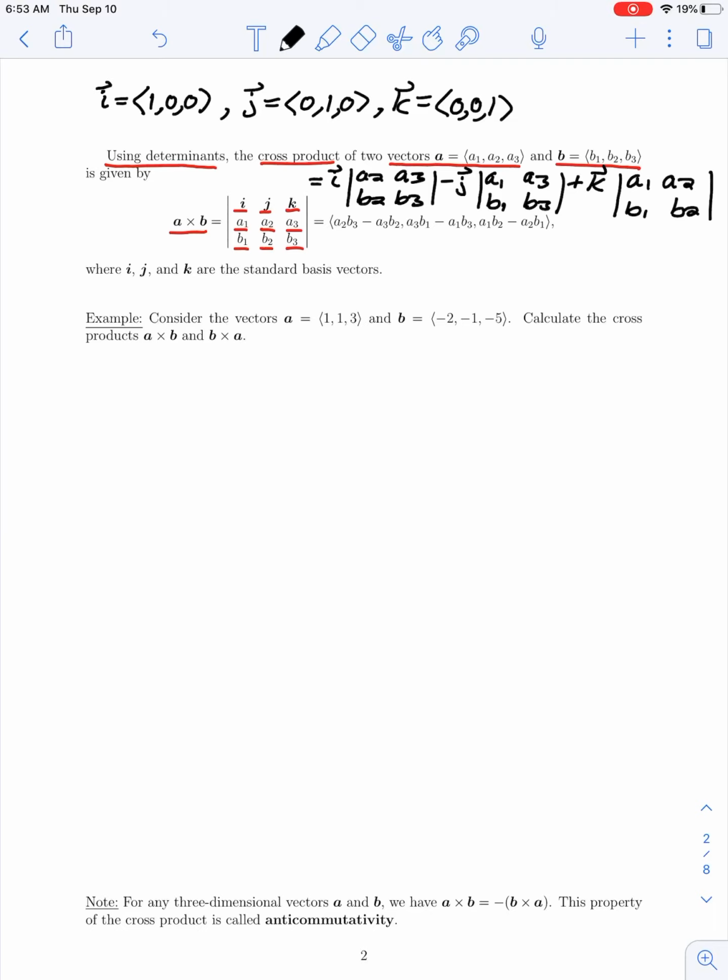Now, if we simplify this a bit, we have a vector whose i component, that's the first component, would be the determinant of this 2 by 2 submatrix, which would be A2, B3 minus A3, B2. That is exactly what we have for that first component.